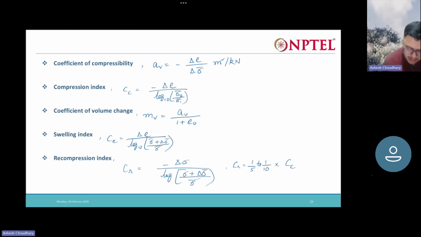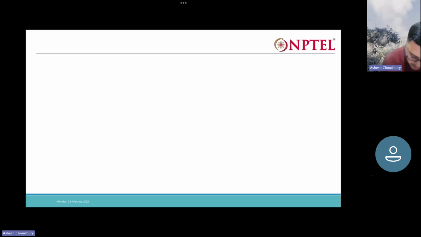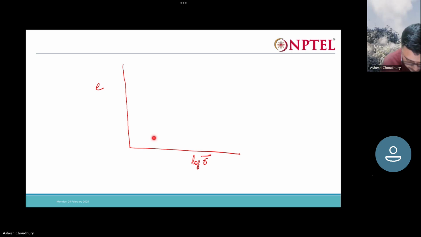Let us see. So here you have E, and you have log of effective stress. Initially you have a virgin soil, right? Say our soil was first over consolidated up to this stress level.